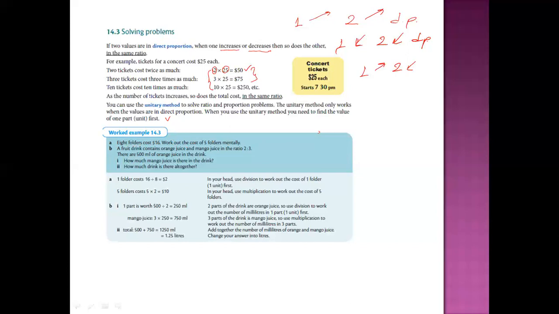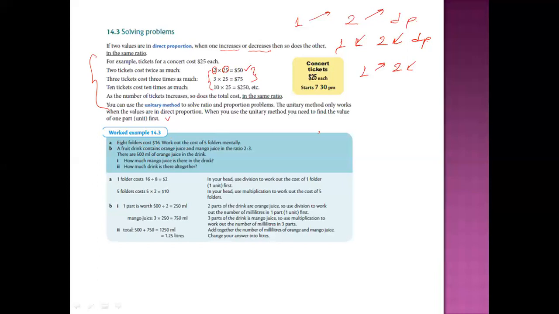Okay, if you don't know this definition, you can also solve this problem. Why? Because first of all, if you find the price of one folder, then you will find the price of 5 folders exactly. So first of all, let's find the cost of one folder.